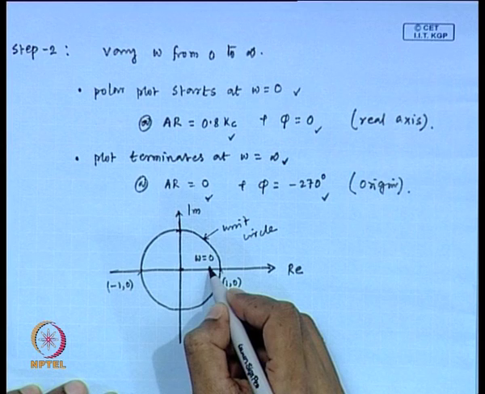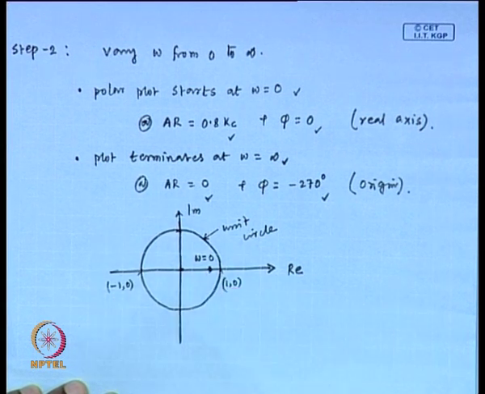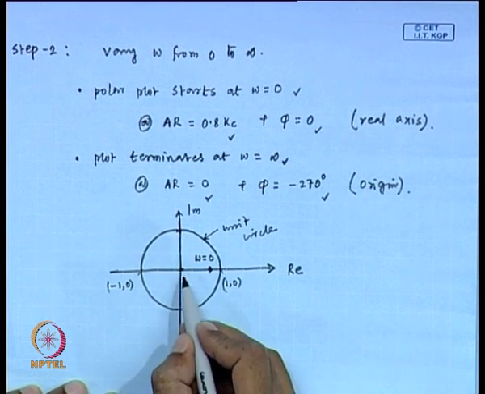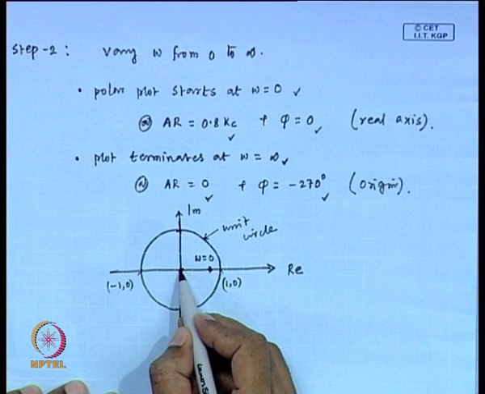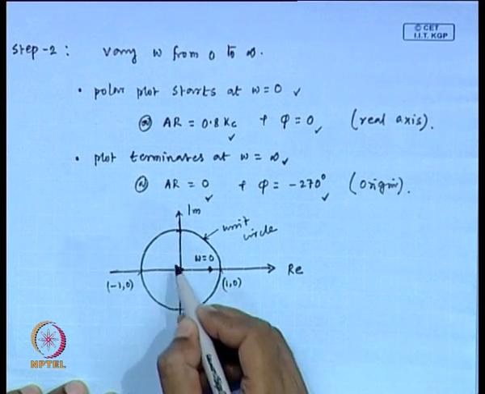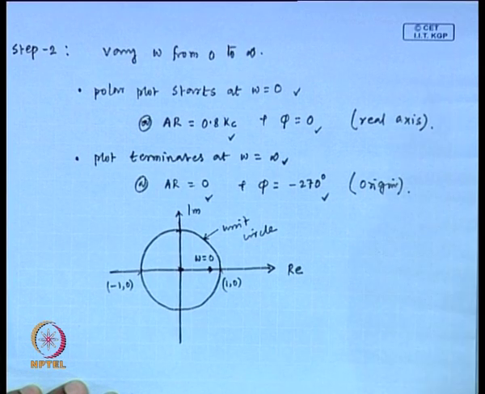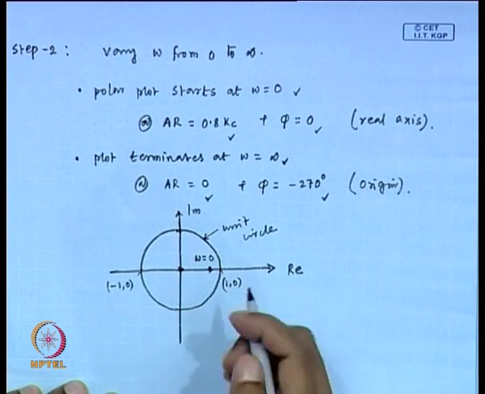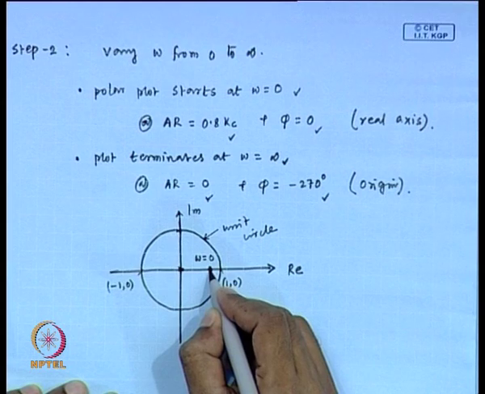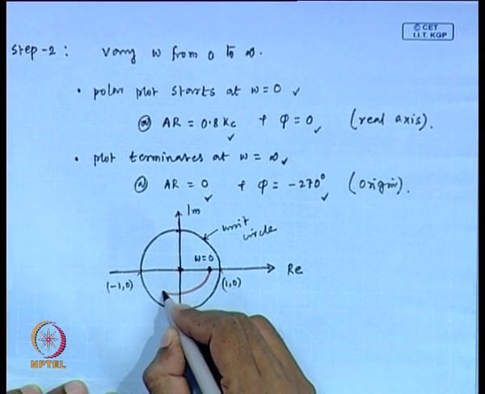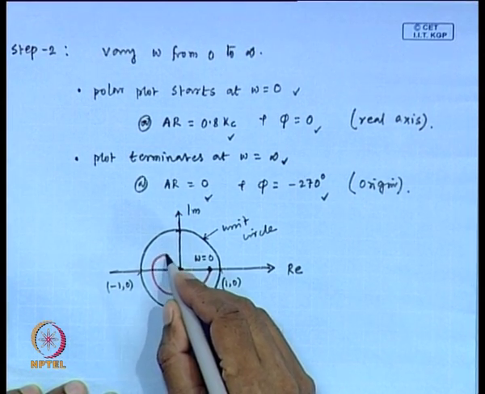This is the starting point, which we obtain when omega equals 0. What about the end point? At the end point amplitude ratio is 0 and phi is minus 270, that means this. So, if we join, then we obtain the plot like this.